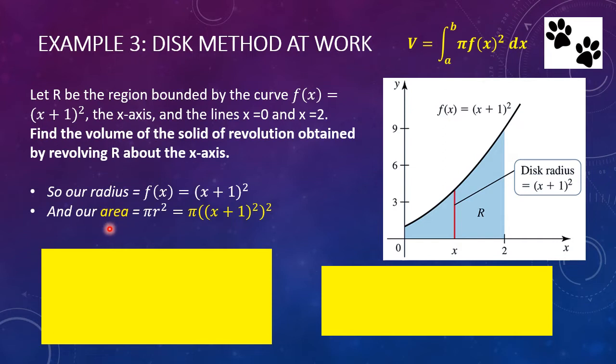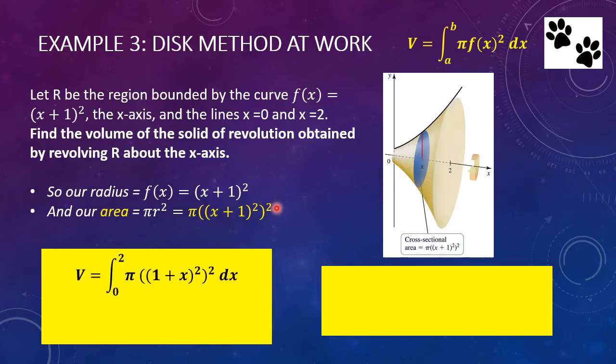Therefore, our area, using the area of a circle, pi r squared, is going to be pi times the radius, which is our f of x, (x plus 1) squared, squared. Okay? So setting up the formula, we get the integral from 0 to 2 of pi times our r, which is (x plus 1) squared, squared dx.